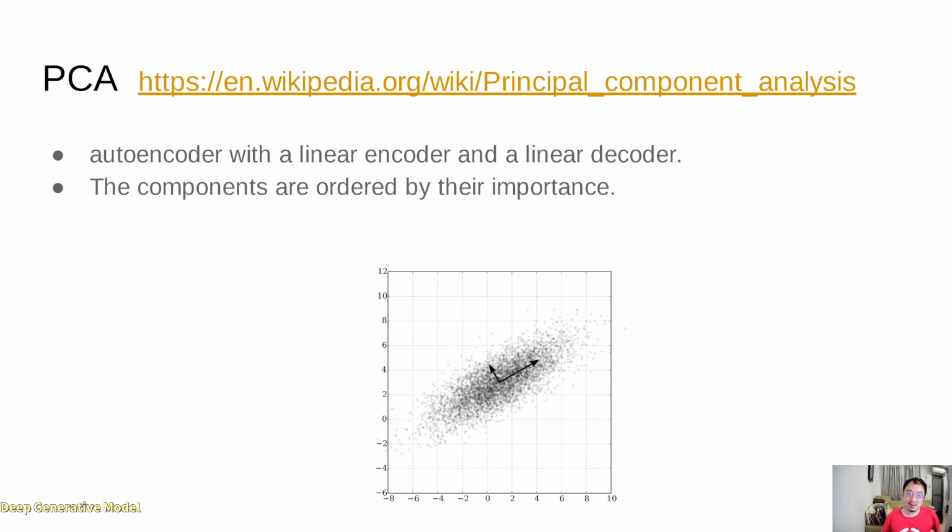There's no nonlinearity like the sigmoid or any activation function. Not at all. It's just linear. As we mentioned before, if you have a simple linear map like the identity matrix, then of course you can perfectly copy the input to the output. It is an identity function.